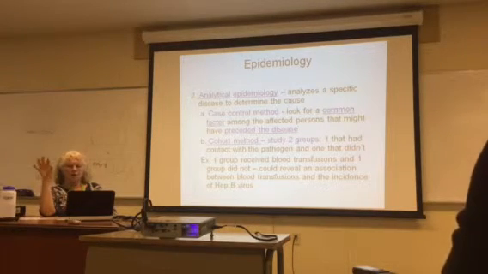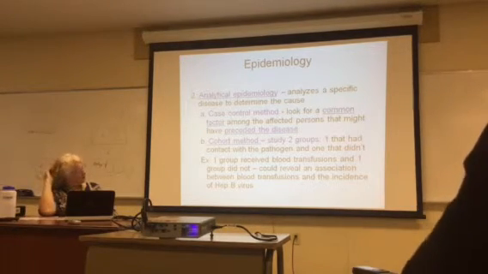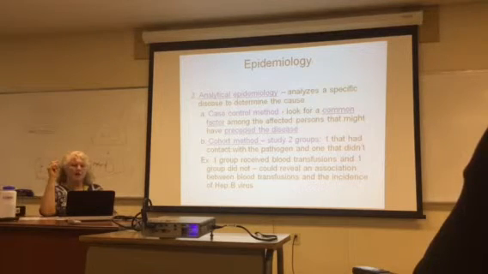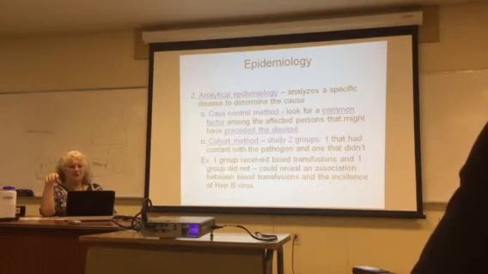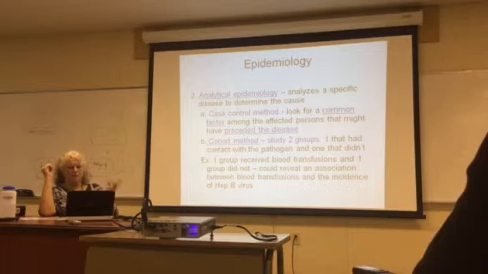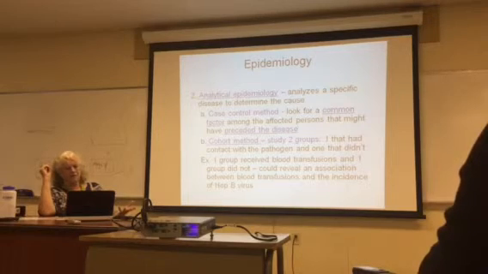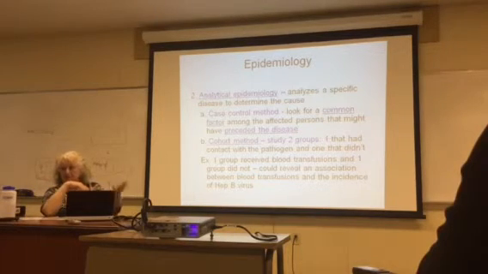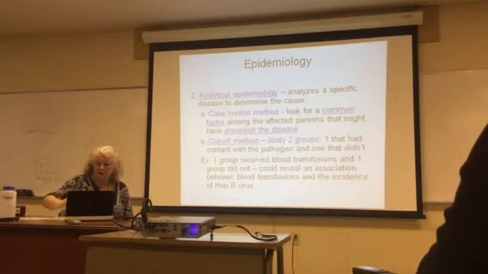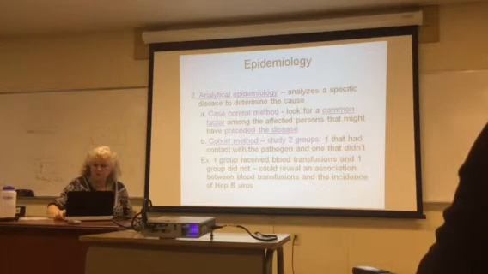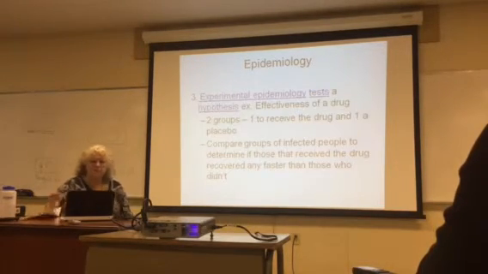Say you look at two groups of people, one that received blood transfusions and one that didn't. Then you can see if there is a relationship among a bunch of people that came down with hepatitis B, and whether they got a blood transfusion or not. That is the cohort method, where they study two groups.